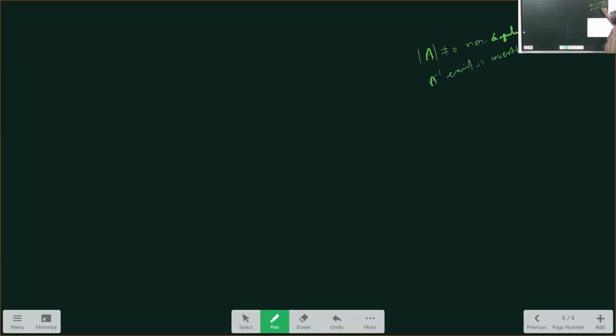But there is a connection between these two. A non-singular matrix will have an inverse, and for an invertible matrix the determinant is non-zero. Is this clear? So they are vice versa connected.